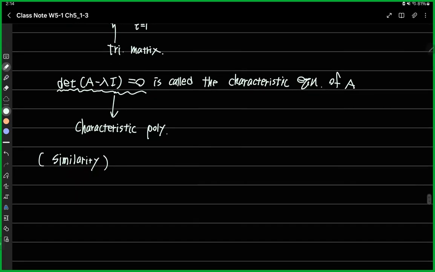Similarity. Okay. So if two matrices are similar, let's say A is an n by n matrix and B is also an n by n matrix.